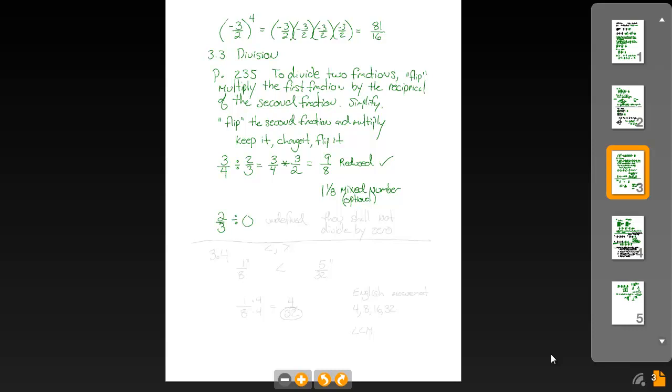Thou shalt not divide by 0. Thou shalt not divide by 0. So this one is undefined. End of story on division, to be honest.